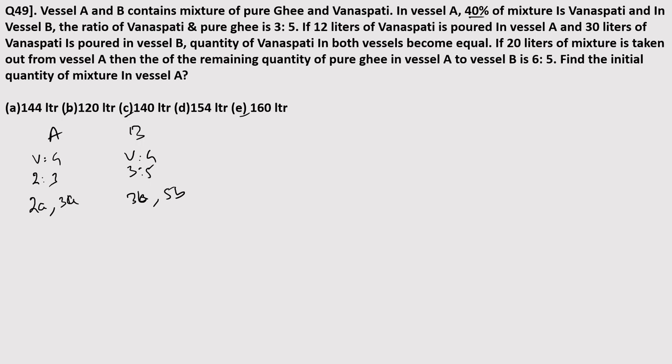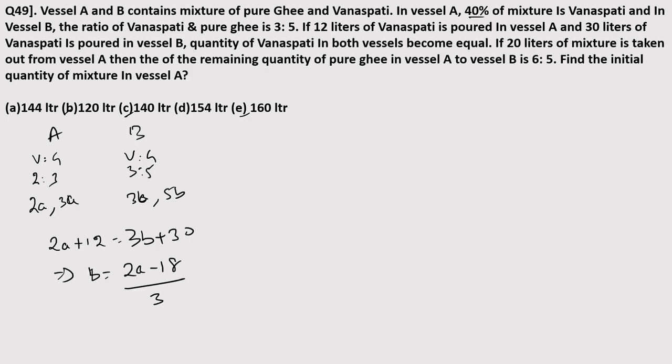So from here I can say 2A plus 12 equals 3B plus 30. That implies 3B equals 2A minus 18, so B equals (2A minus 18) by 3. This is the value of B.